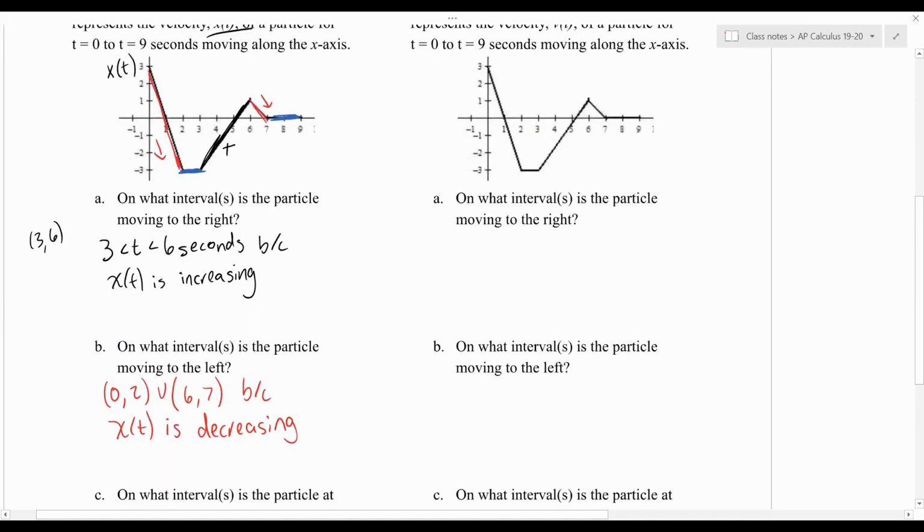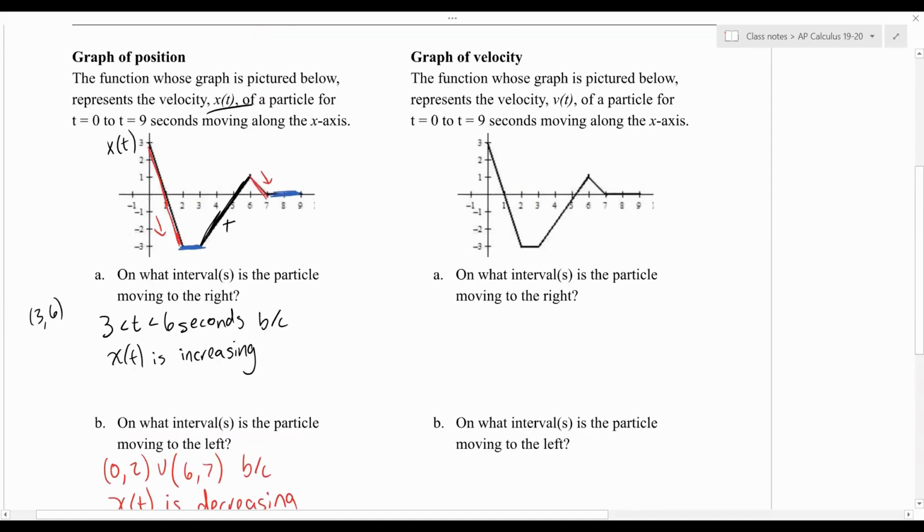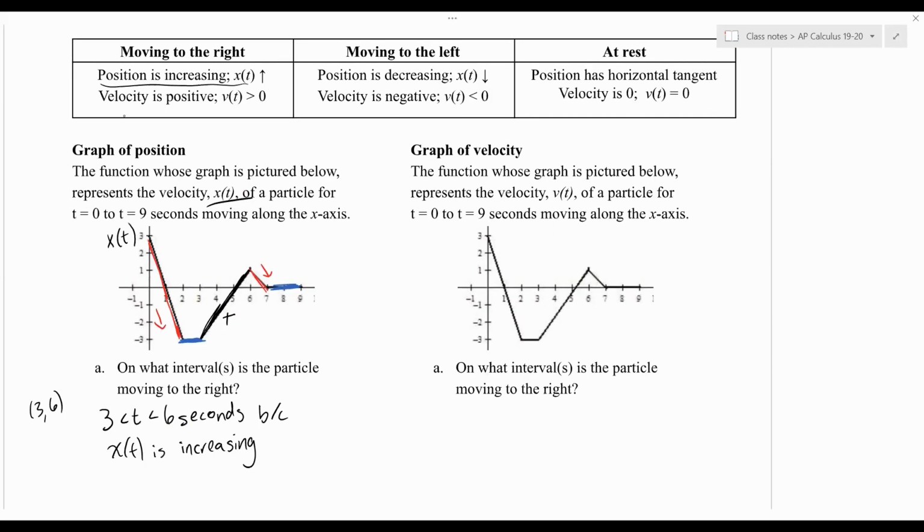Now let's treat this as if it is the graph of a velocity. So if this is the graph of velocity, we will need to use our velocity statements. To find when a particle is moving to the right, we need to see where the velocity is positive. The velocity is positive when it is above the x-axis.